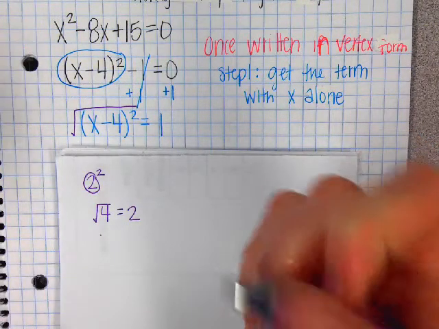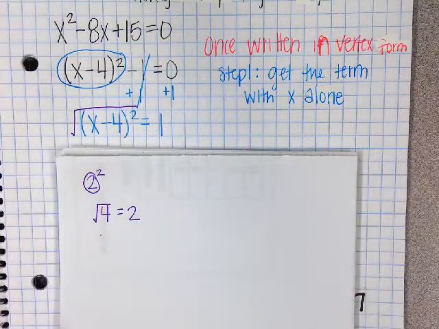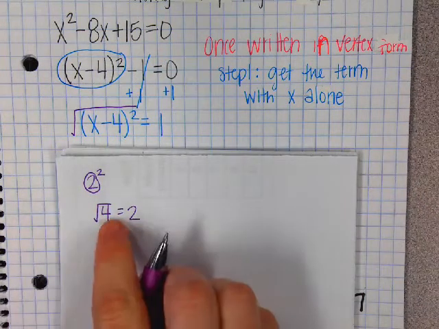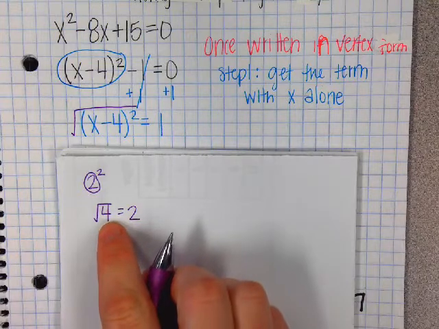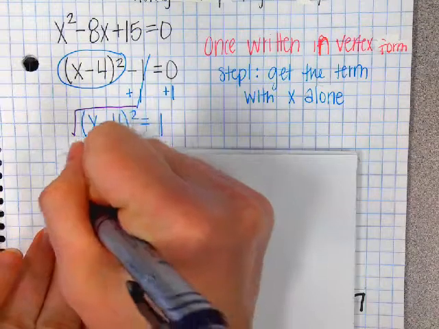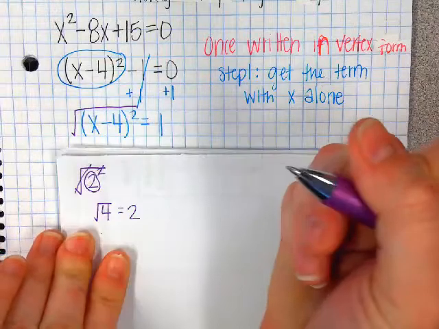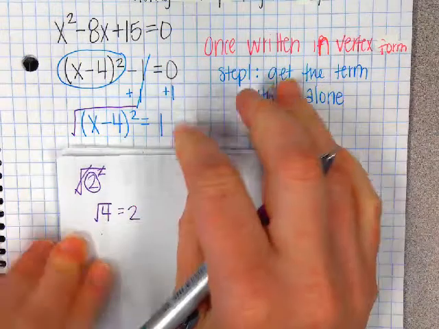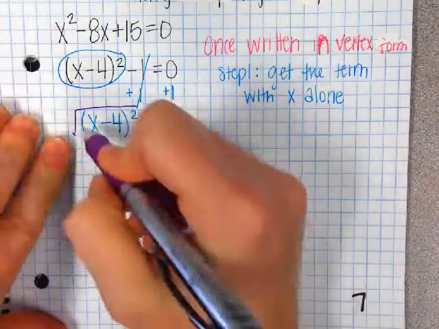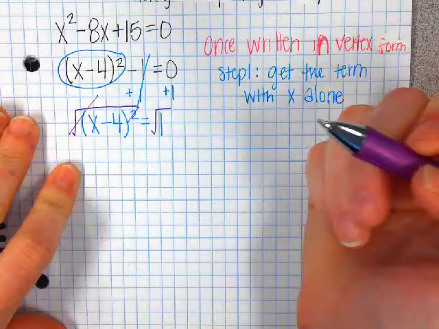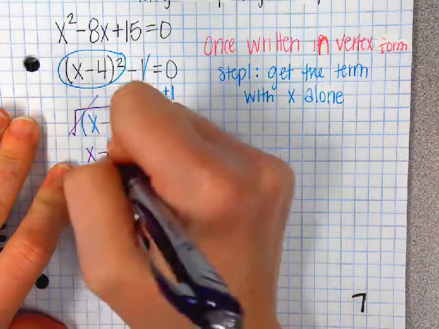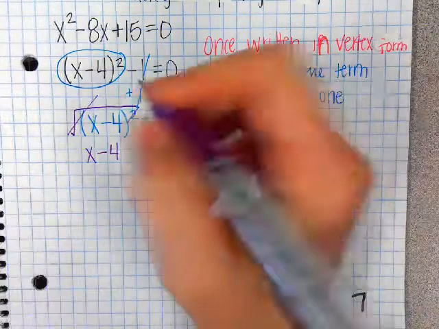When you take the square root of a number, it's saying what multiplied by itself gives that number. 2 multiplied by itself gets 4. So when you take the square root of both sides, the square root and the squared cancel, so all you're left with is x minus 4.